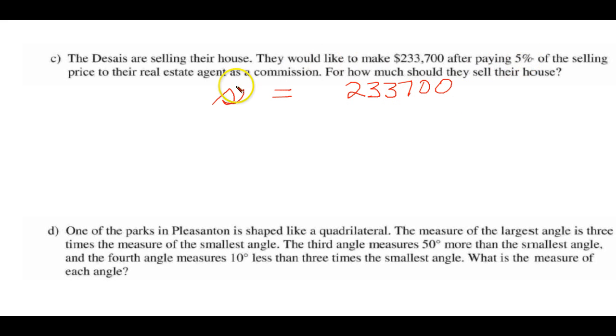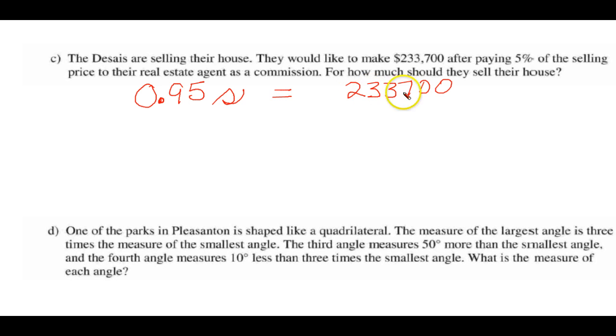If they're going to take 5% out on this end. And again, you have to think about this. This is going to be 95%. 95% of the selling price, which we don't know, is going to be this amount of money. That's the amount of money they want, because they're giving 5% of that selling price as a commission for selling the house. And this goes on in real estate all the time.